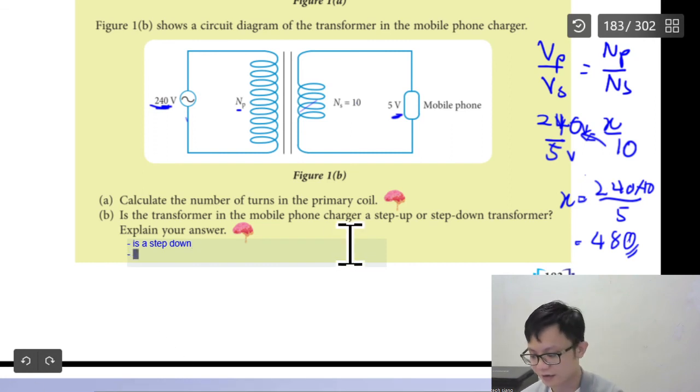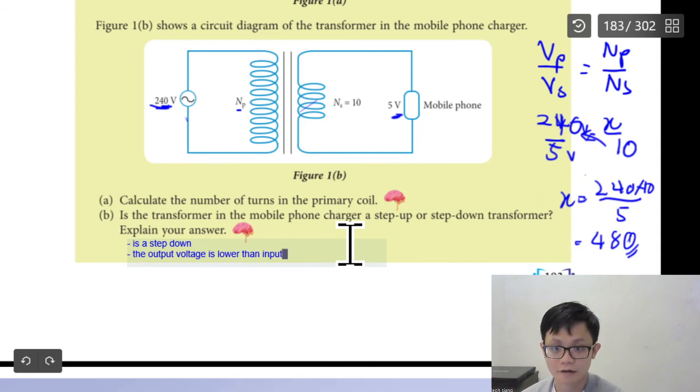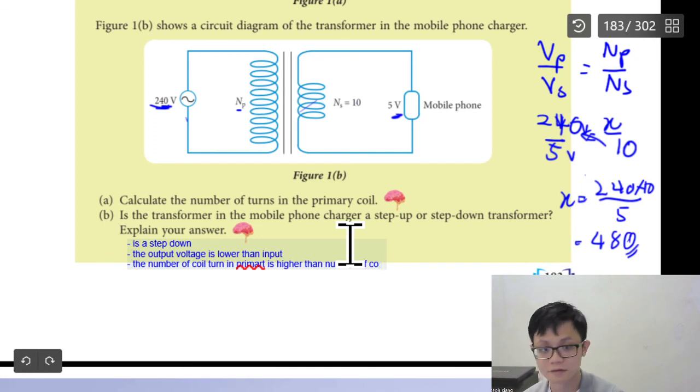Okay, so I just write: the output voltage is lower than the input, or I can say, like what you say, the number of coil turns in the primary is higher than the number of coil turns in the secondary, for example.